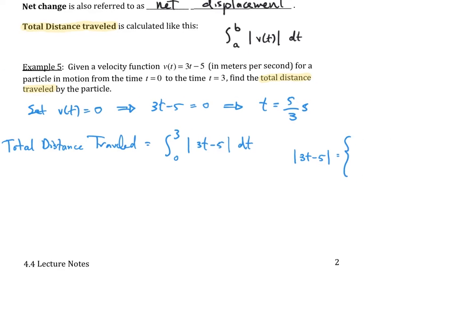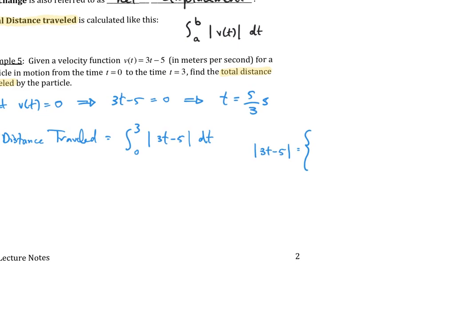This is going to be 3t minus 5 if t is greater than 5 over 3, and it's going to be negative (3t minus 5) if t is less than 5 over 3.